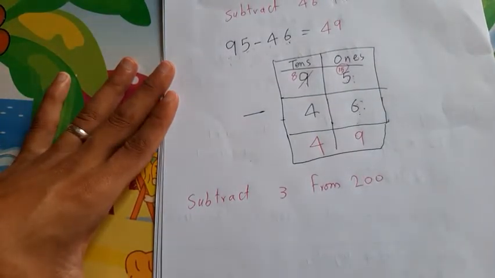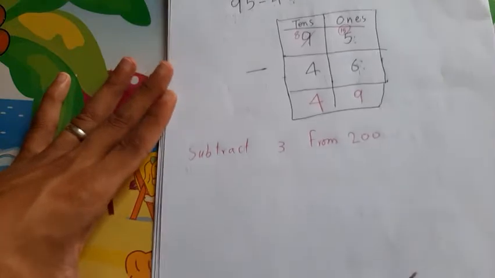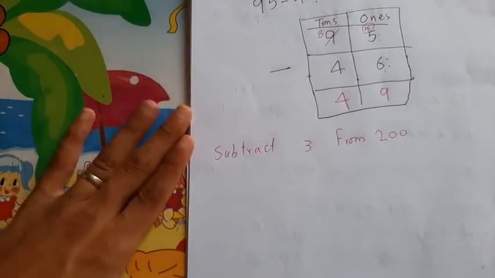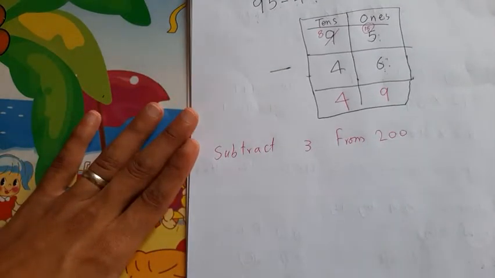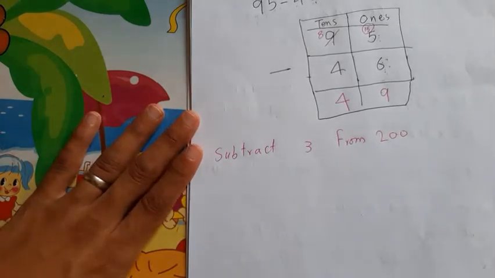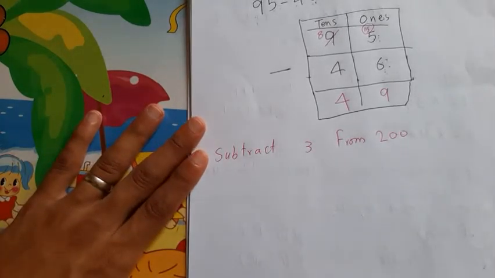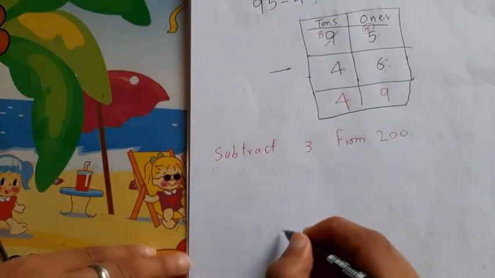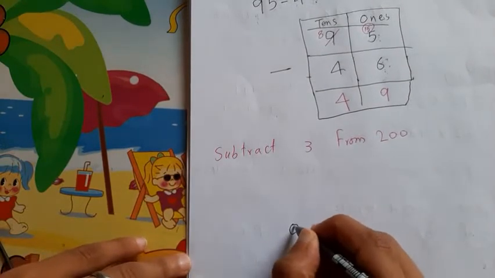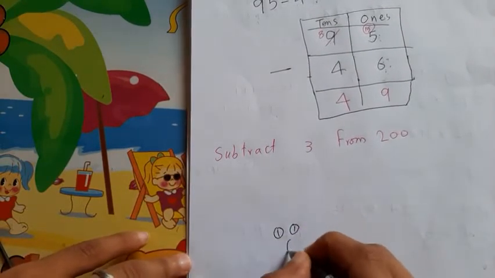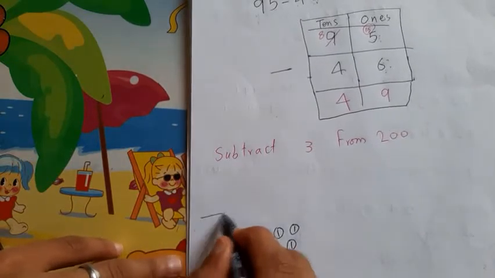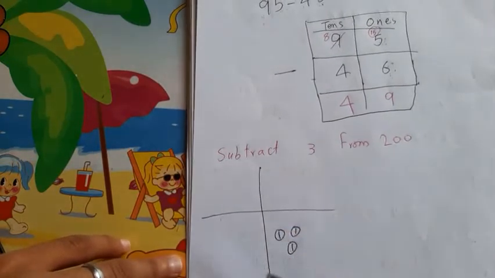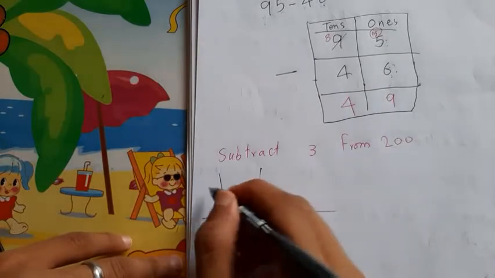Now I'm going to show you with the shapes or with the units how to do this. 3 means how many ones? 3 ones, right? So 3 ones means 1, 1 and 1. How many ones? 3 ones. Okay guys?